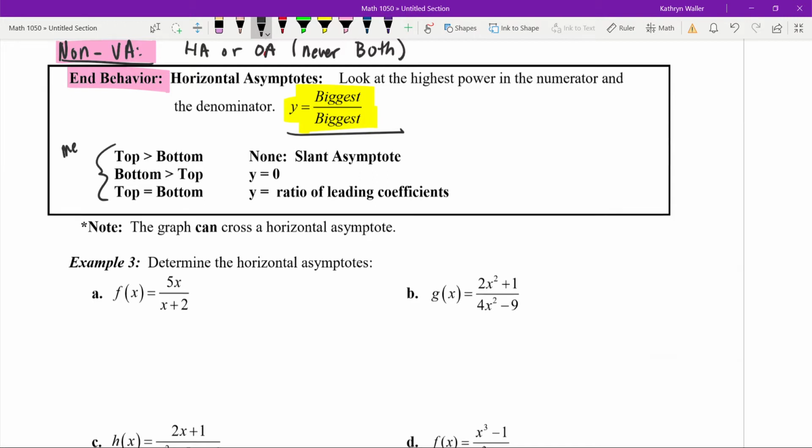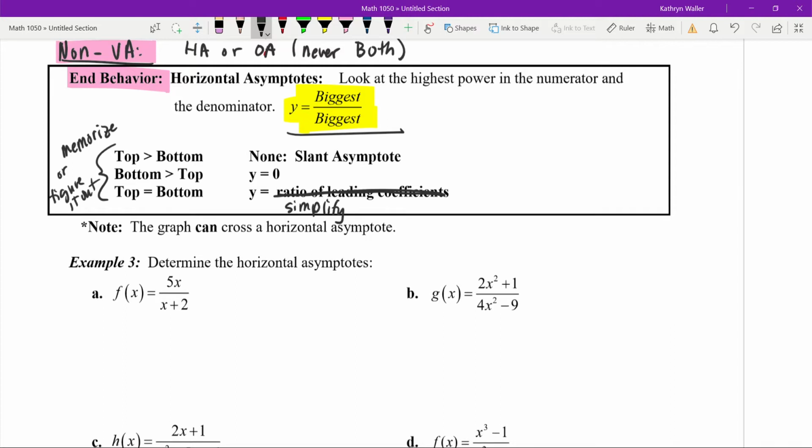Now right here you have 2 options. You can memorize this or you can figure it out. I never memorize it. I always just figure it out because I can, and you guys can too. So it's up to you. You deal with it how you want to deal with it. If the exponents are the same, the top equals the bottom, y equals, I want you to cross that out, and I want you to put in the word simplify.